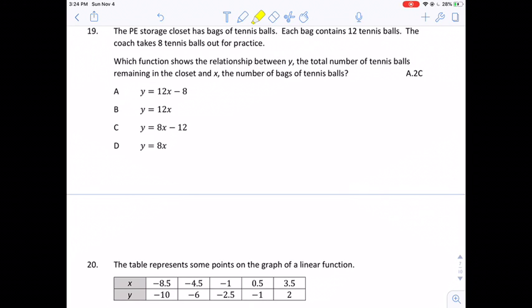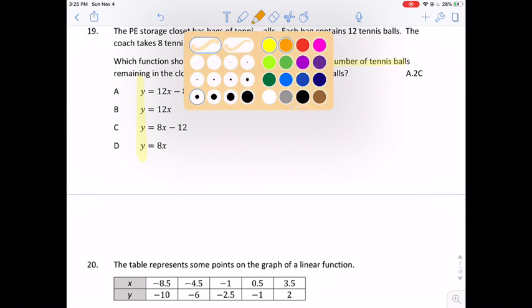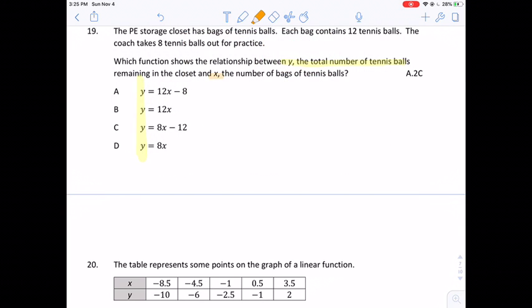So let's understand a couple of things here. y is the total number of tennis balls, which is whatever is in the closet. And x is the number of bags.